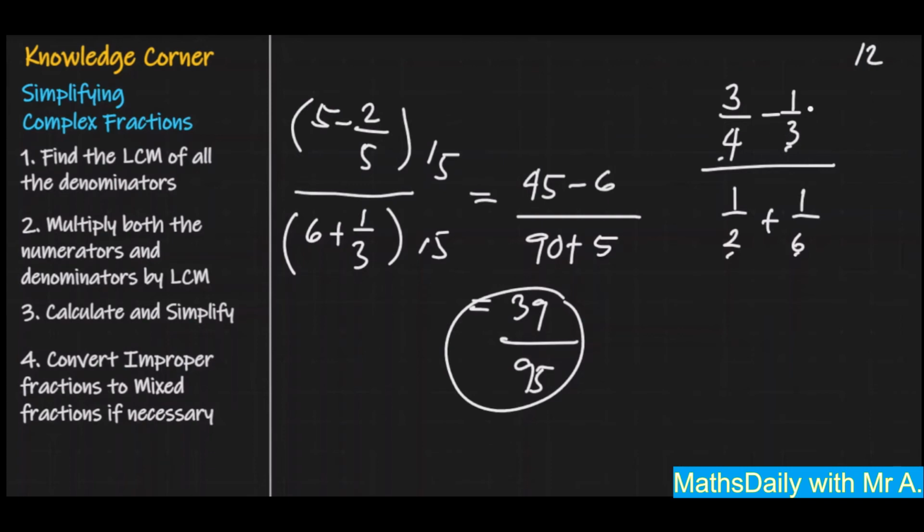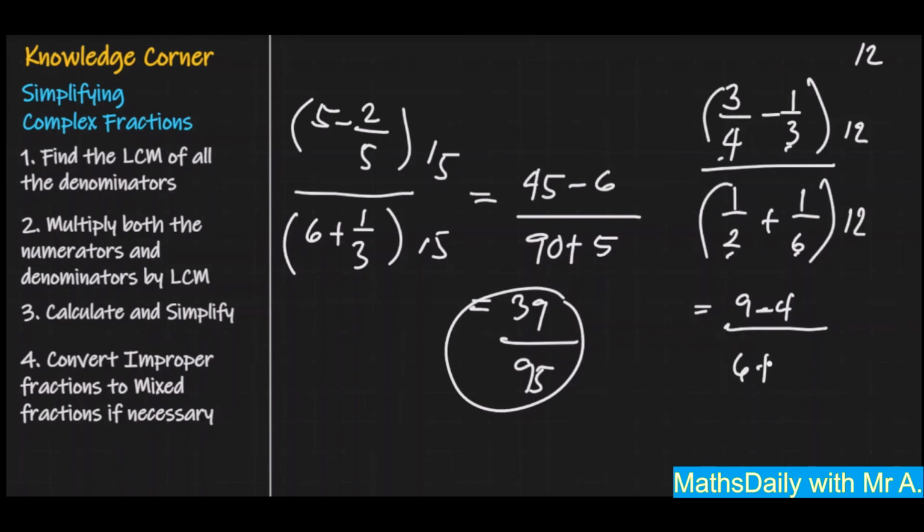Now let's multiply both the numerators and the denominators by 12. 12 times 3 is 36 divided by 4 is equal to 9, minus 12 times 1 is 12 divided by 3 is 4, over 12 times 1 is 12 divided by 2 is 6, plus 12 times 1 is 12 divided by 6 is 2.